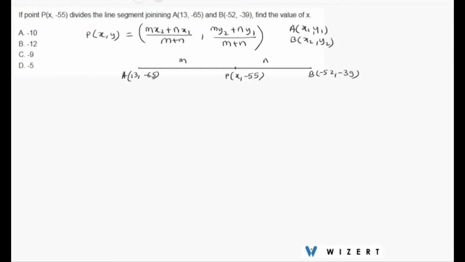So to find the value of x, we first need to find the value of m is to n.